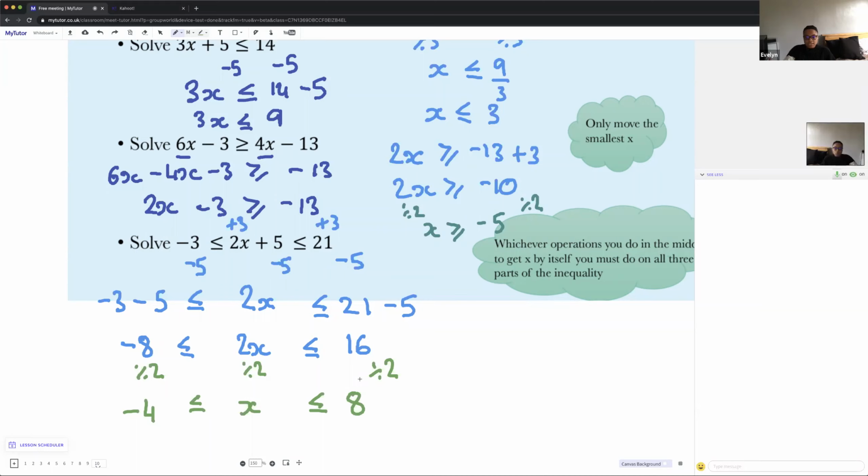And we've got an x by itself in the middle, so that is our final answer. We don't have to do anything else. When you're solving, remember, you just want to get x by itself. So if you come across inequalities like this, do it on every single side, no matter what operation you do, whether it's adding, subtracting, dividing, multiplying, do it on all 3 sides and try to get x by itself.